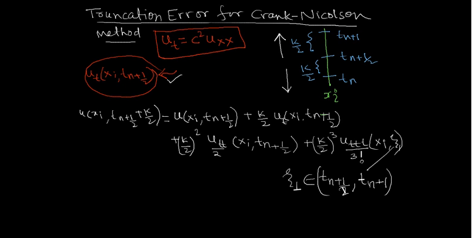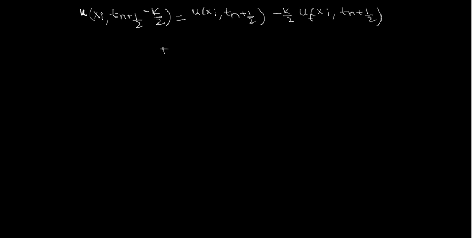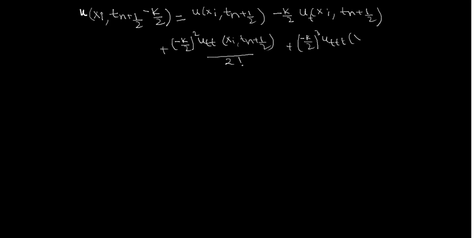This will be u at x_i, T_n plus half, plus minus k by 2 times u_t, plus (k by 2) squared u_tt at x_i, T_n plus half divided by 2 factorial, plus minus (k by 2) cube u_ttt at x_i and some xi_2 divided by 3 factorial, where this xi_2 lies between T_n and T_n plus half. Okay, so now we have two equations.